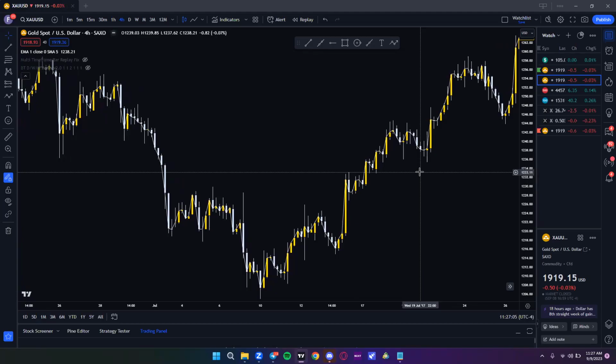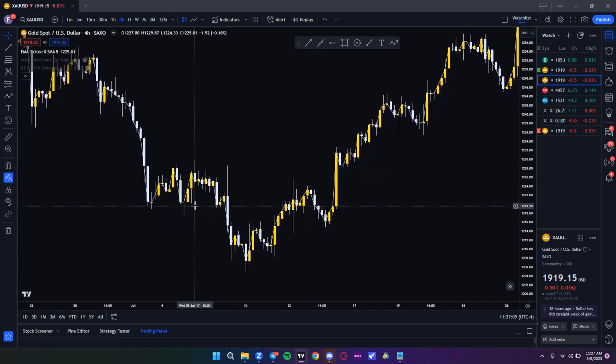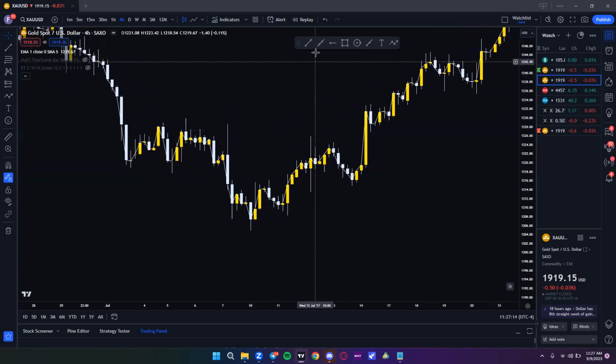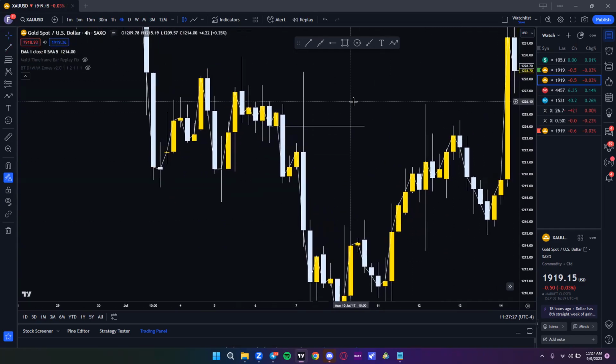So what we can see right here is decision level type 1. Agreed? You guys can see that, right?